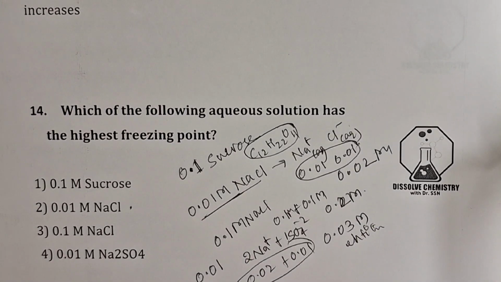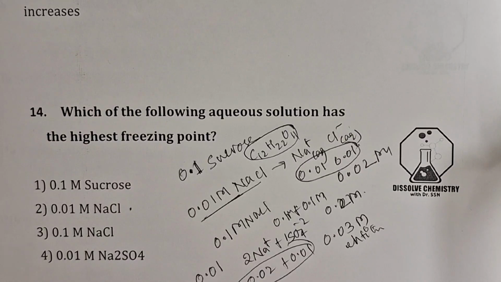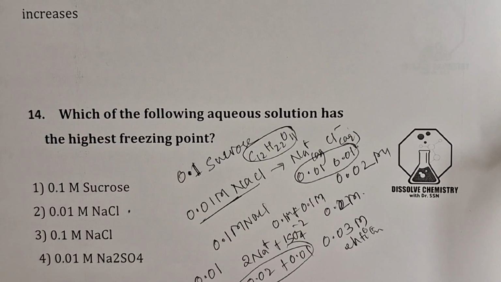Okay. So now the question is, which of the following aqueous solutions has the highest freezing point? Highest means greater freezing point. Greater freezing point will be of that solution which contains a low number of solute molecules.